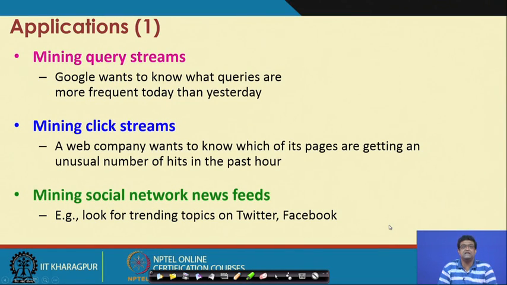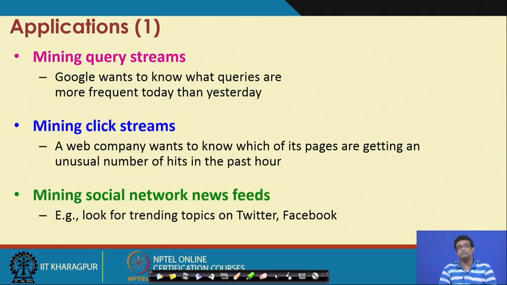Okay. So, what are the applications? For example, you may want to mine query streams. Google wants to know what queries are more frequent today than yesterday. Or you may want to mine a click stream.